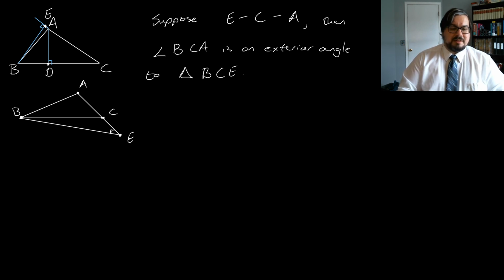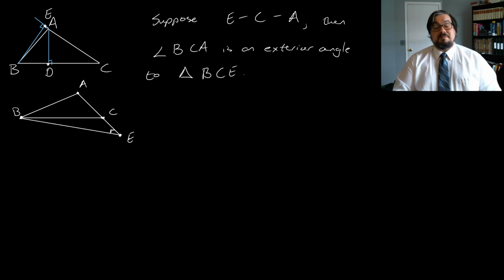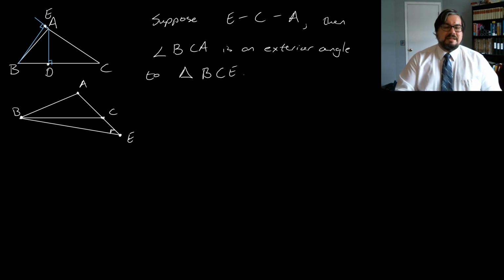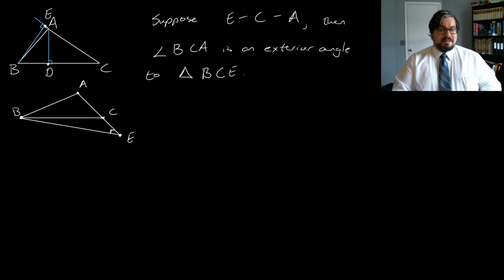But remember that E is supposed to be the base of the altitude from B, and so the segment BE has to be perpendicular to the line AC.